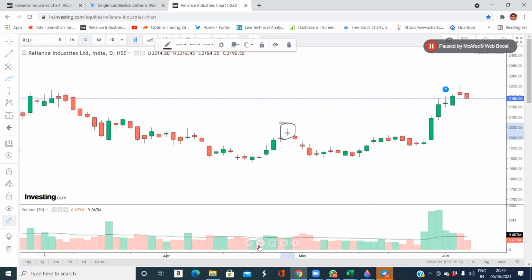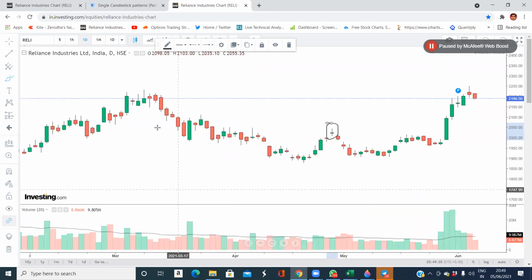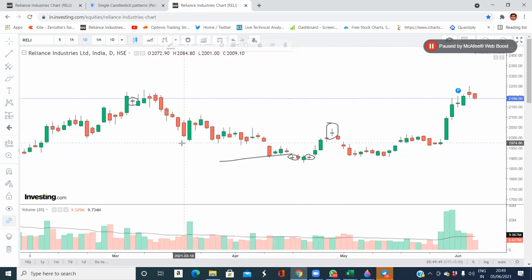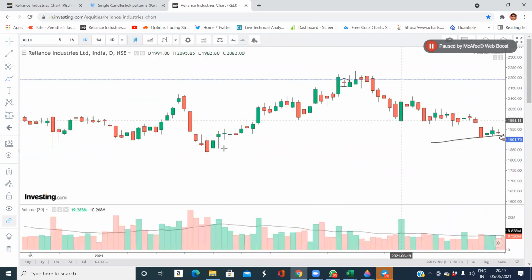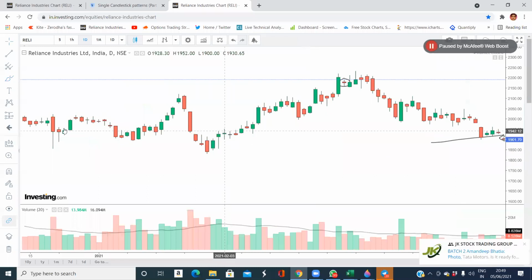You will find another candle, this candle is one of the doji candles. This candle is also a doji candle.